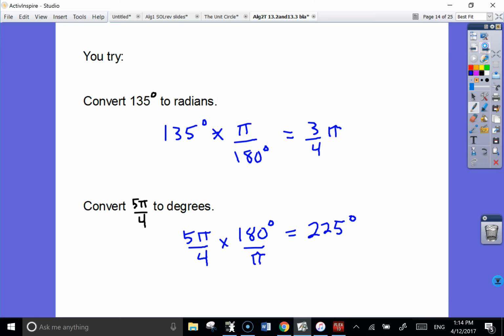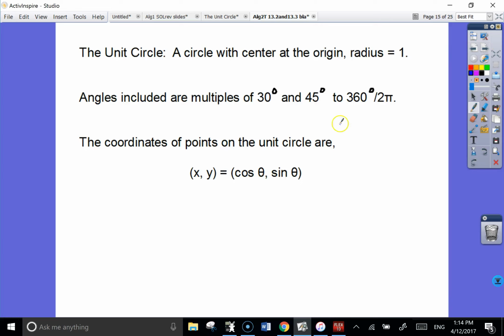So next, the unit circle. Now we're going to show you the unit circle, which is something that's used in trigonometry forever. In fact, the copy I'm going to give you right now is something I've been handing out for years. By unit circle, we mean a circle that has a radius of 1. Unit means 1.